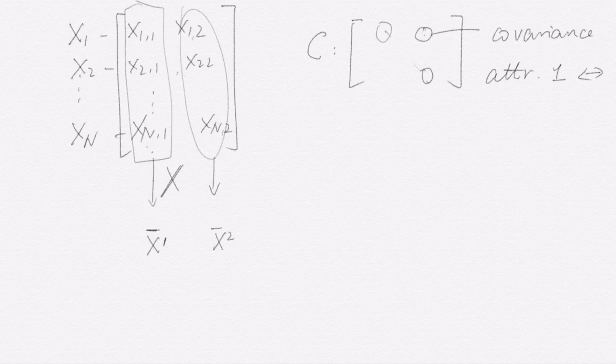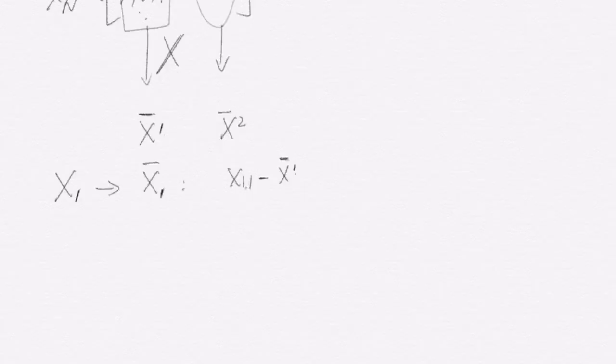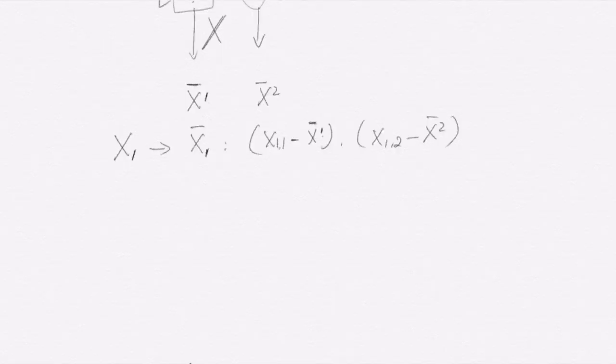So from each of the data samples, such as the x1, we can transform it into the centered x1, which is just to subtract the mean value of each attribute from the attribute of that particular sample x1.